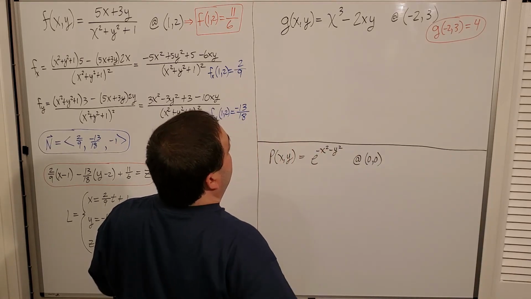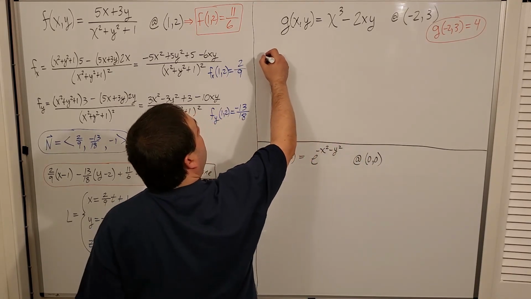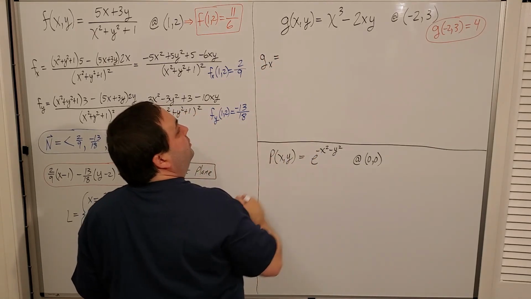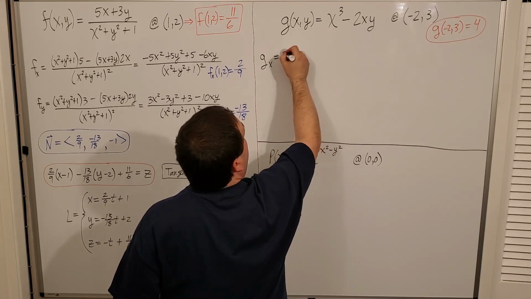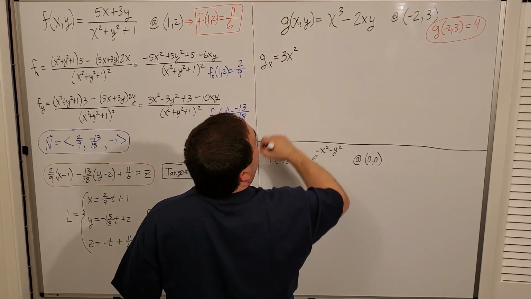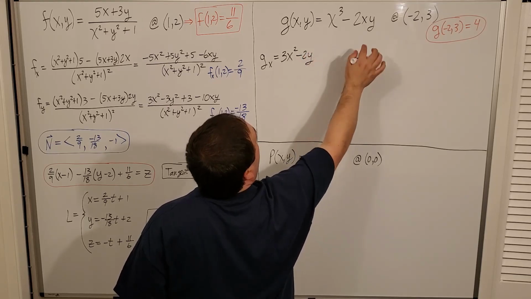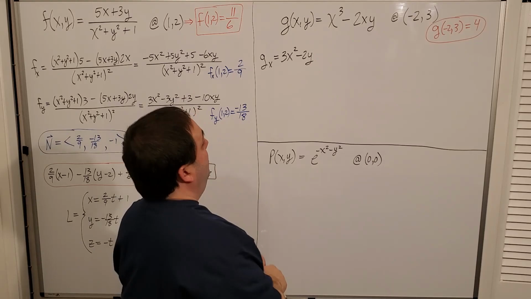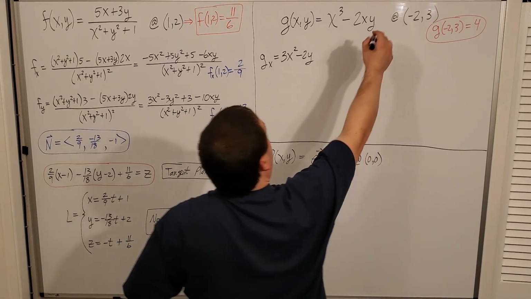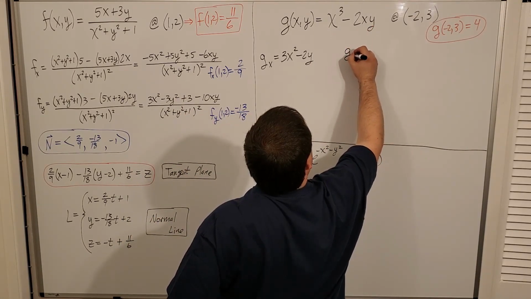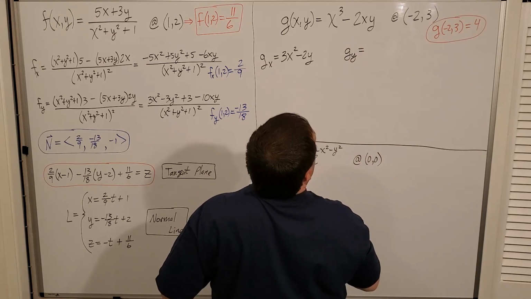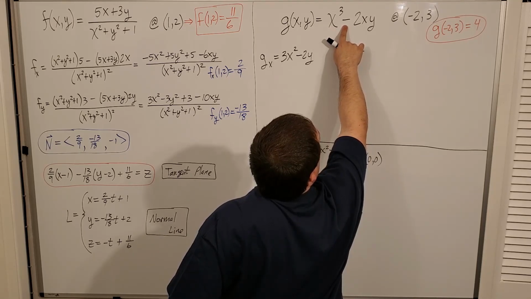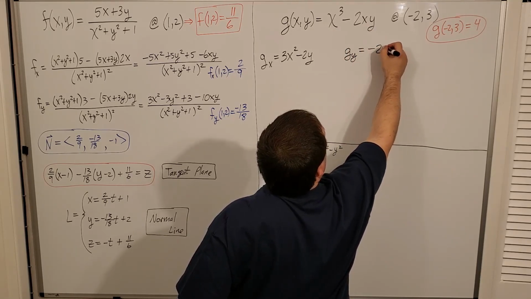Let's get our partial derivatives. g sub x is equal to 3x squared, and then I've got minus 2y right here. And then g sub y, the partial derivative with respect to y, I've got 0 for this one, and then I've got minus 2x.